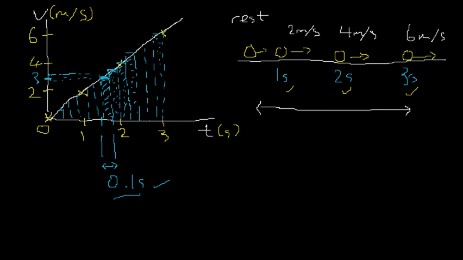If I then imagine adding up the areas of all of these rectangles, then surely I must get the distance that I want between 0 seconds and 3 seconds. So that's the idea. And what this idea tells us is that we can find the distance by finding the area under the graph.